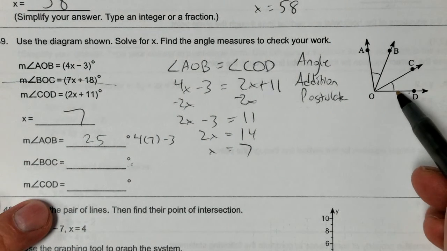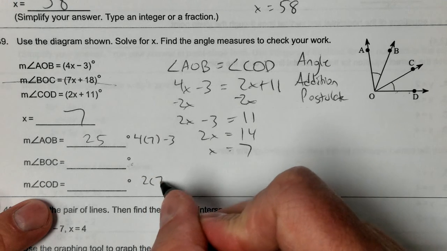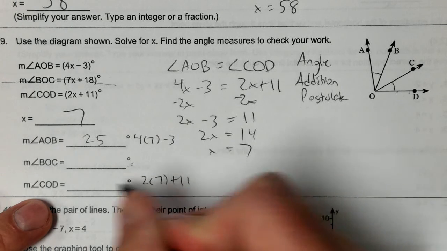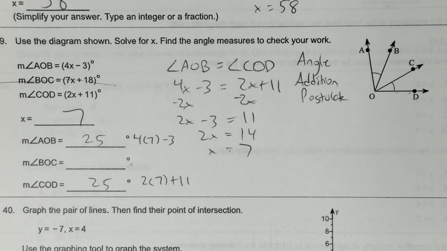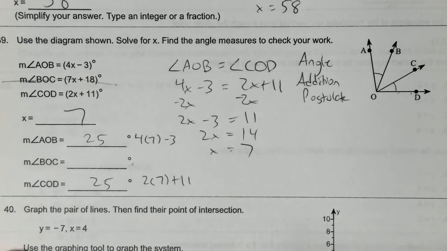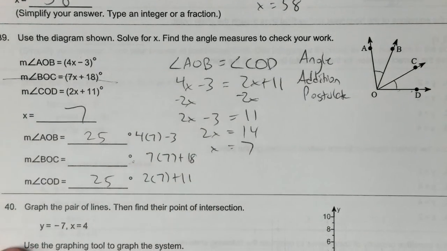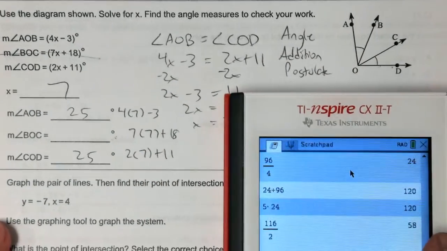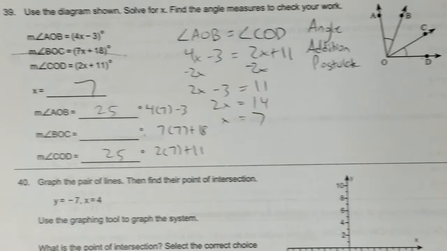For COD, you get 2 times 7 plus 11. 14 and 11 is also 25. And BOC is 7 times 7 plus 18, which is $67.